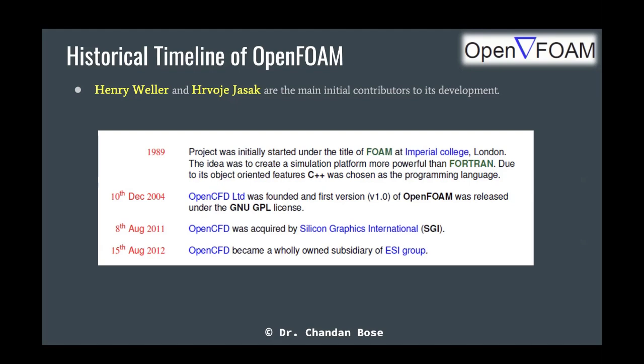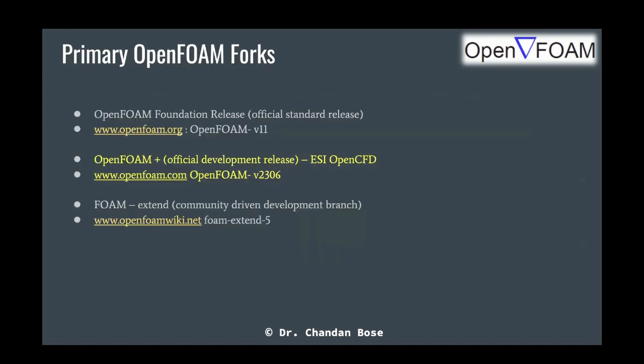Then there were different ups and downs, whether it should be commercialized or not, and so on. However, till now, there are at least 3 forks. Most of these materials are still open source and available to the users.